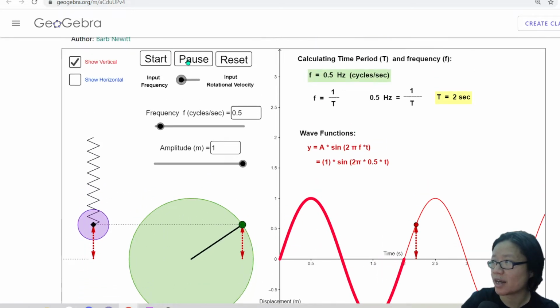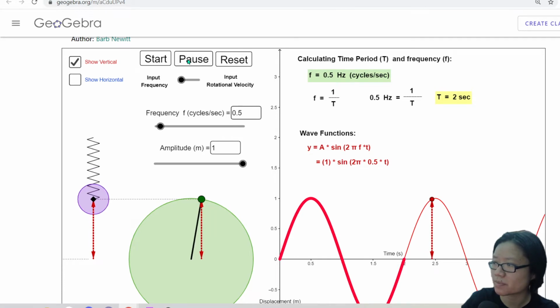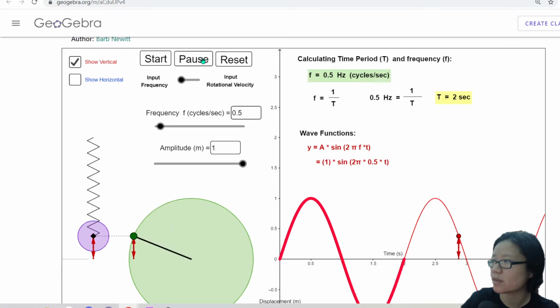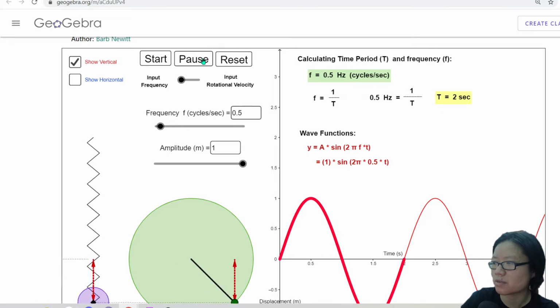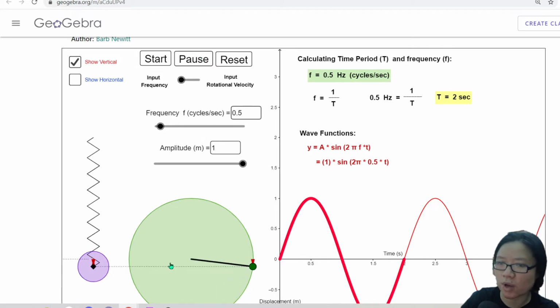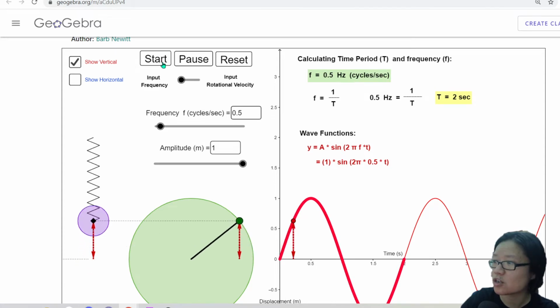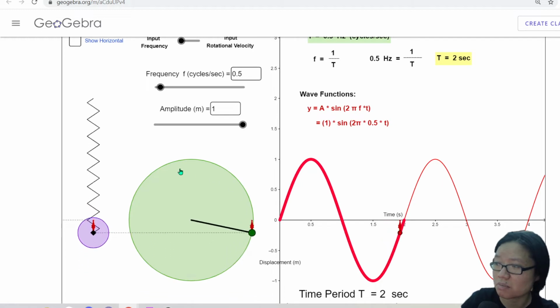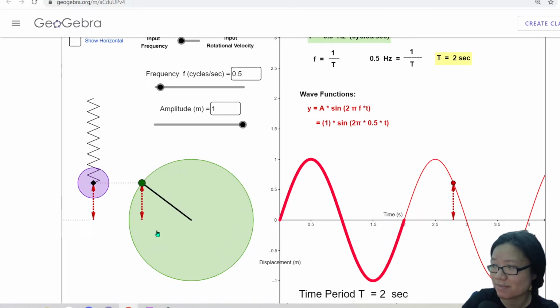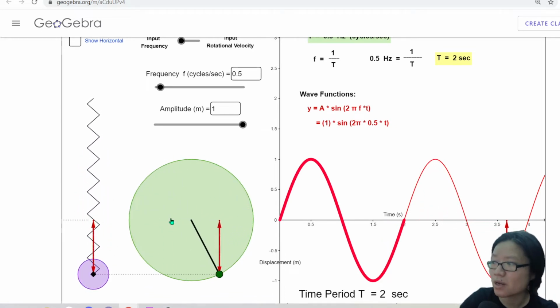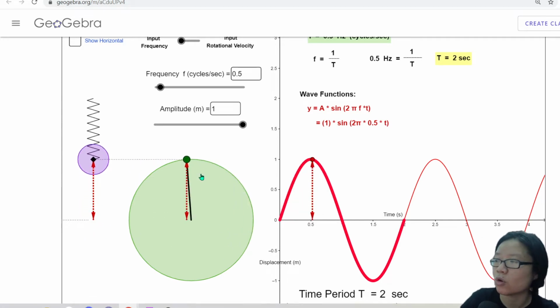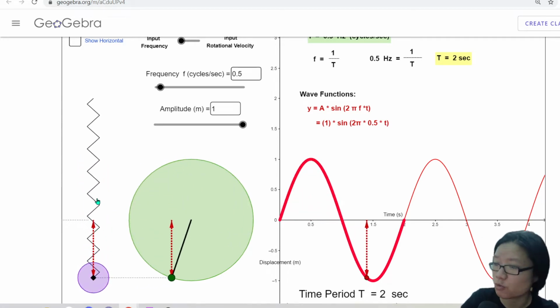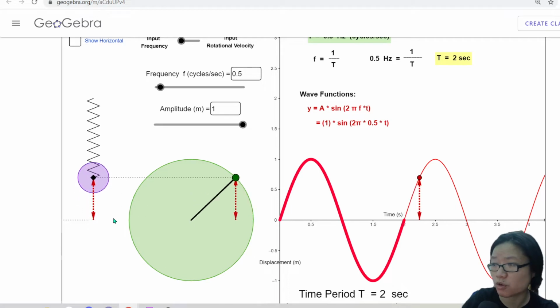So wherever I pause, doesn't matter where I pause, this is where the shadow of the circle will be, the shadow projection. If I look at the perspective of the circle, it is actually traveling in simple harmonic motion. And at the same time, that circle will go upwards if the spring is moving upwards and will move downwards when the spring is moving downwards.